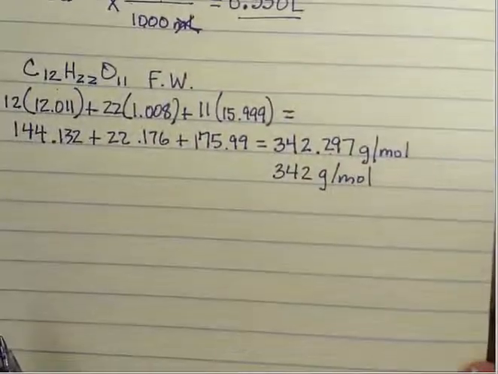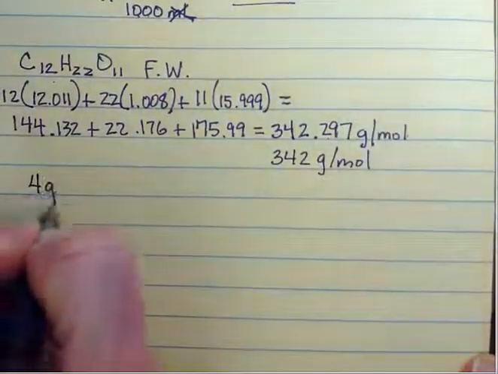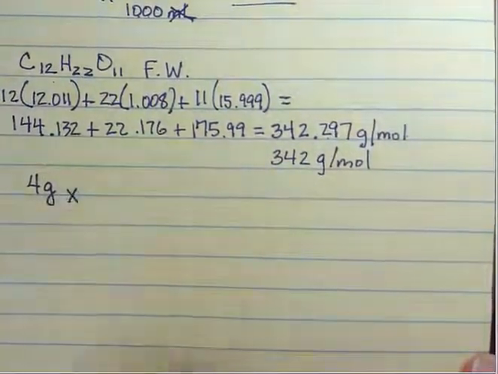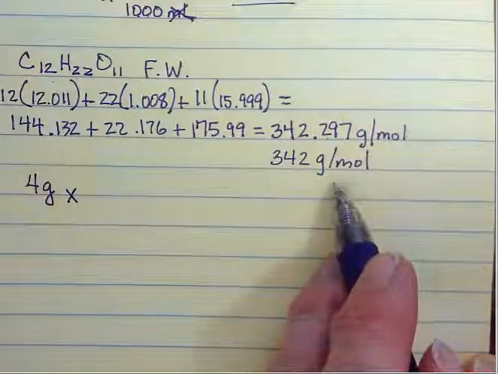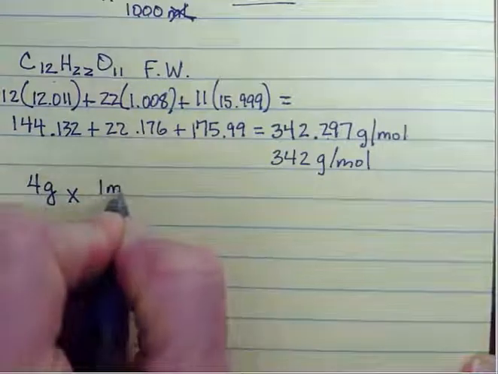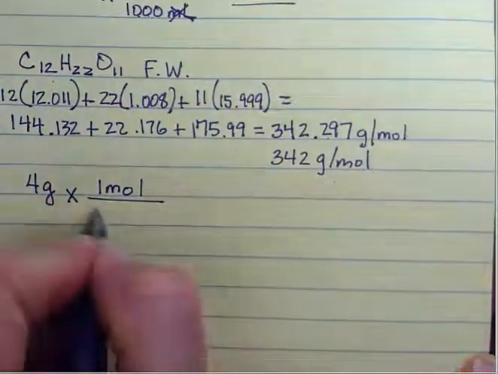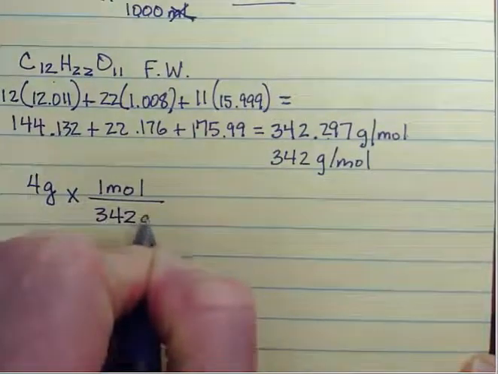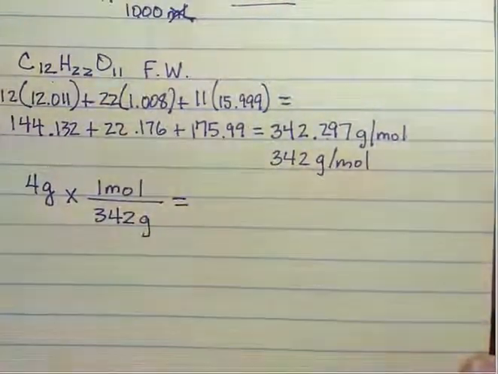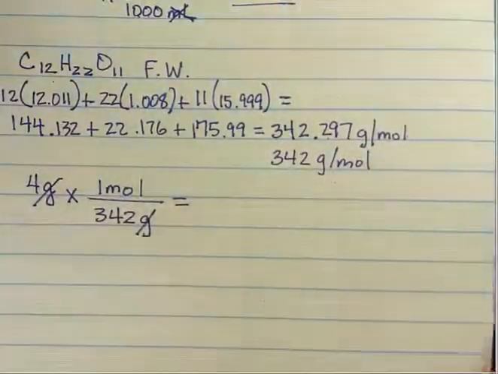So we're starting out with 4 grams, and we want to convert that to moles. So we have to have moles on top, grams on bottom. So we know that 1 mole contains 342 grams. And this will enable us to cancel out our grams and leave us with our moles of sugar.